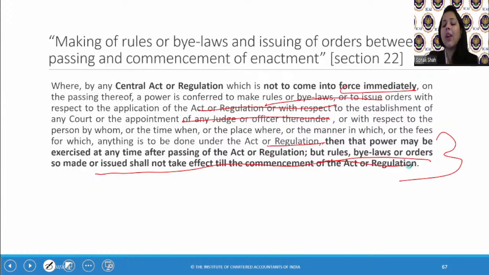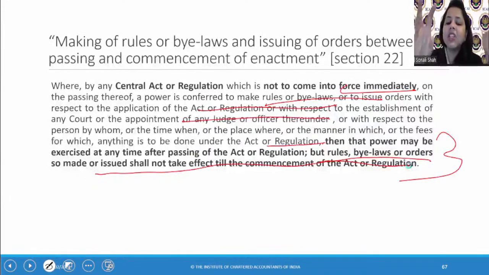regulation. So what this section says is, there is a gap between passing of the act and commencement. So let's say the act was passed, it was published in the official gazette on 1st August, but it will come into force only from 20th August. But the act requires that some rules have to be made, some regulations have to be made, or a court has to be established, or a judge has to be appointed, or officer has to be appointed.